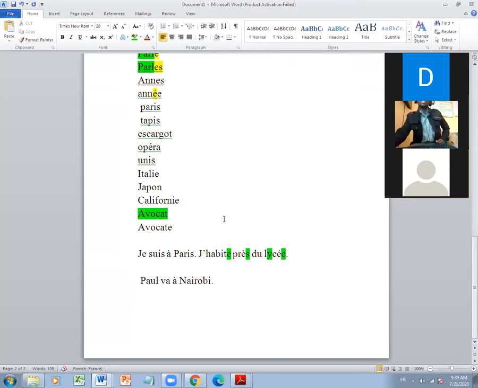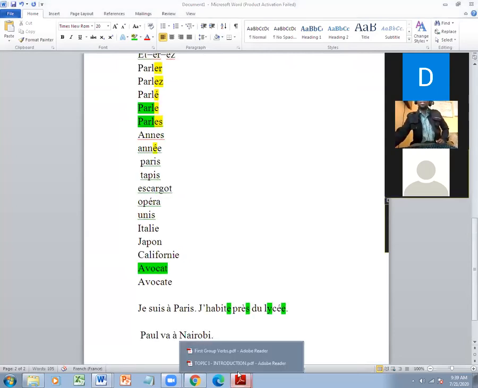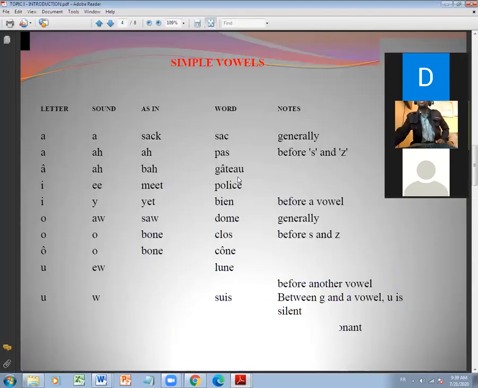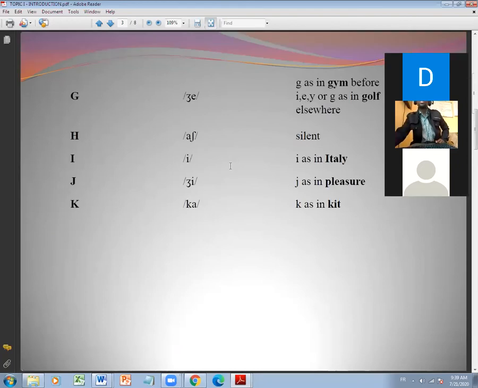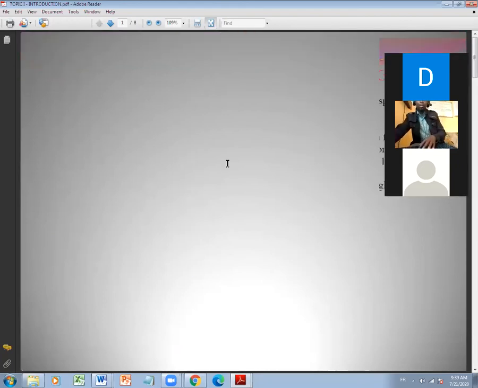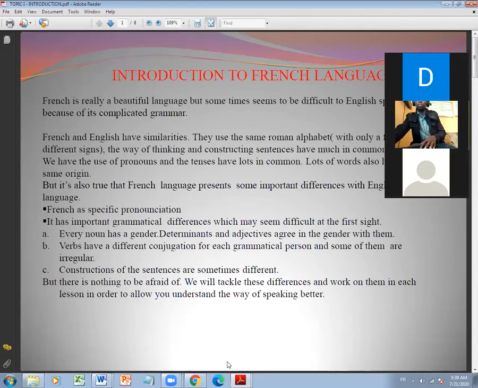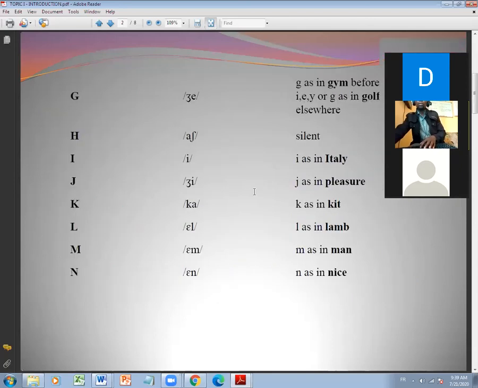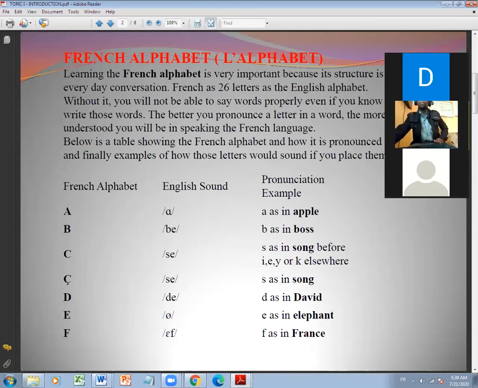Now, I'm taking you back. I've not forgotten. I'm taking you back to what I promised you. Now, I want you to read this. L'alphabet.